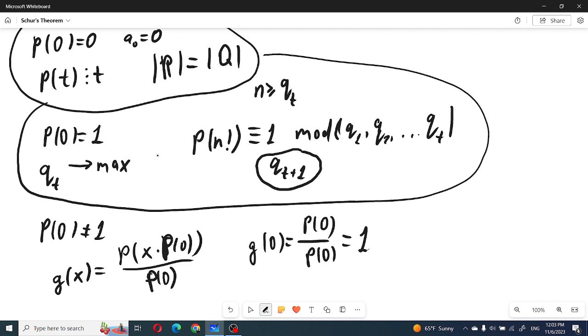We can also see that this polynomial has integer coefficients, because all the numbers in p of x times p of 0 are divisible by p0.